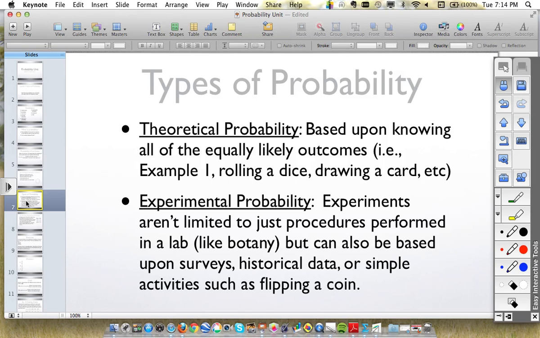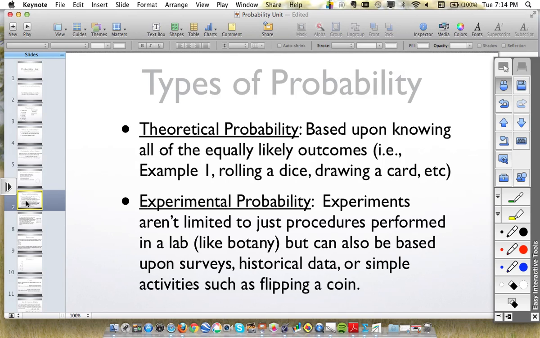Now, experimental probability is experiments. Now, this is not just scientific experiments. We're not talking about being in a lab coat stuck in a laboratory somewhere and doing experiments on gene therapy or botany, which is dealing with plants. All right? But it can also be based upon surveys, going out and gathering information from people, historical data, doing research, or simple activities like flipping a coin, rolling a dice, pulling a card, right?